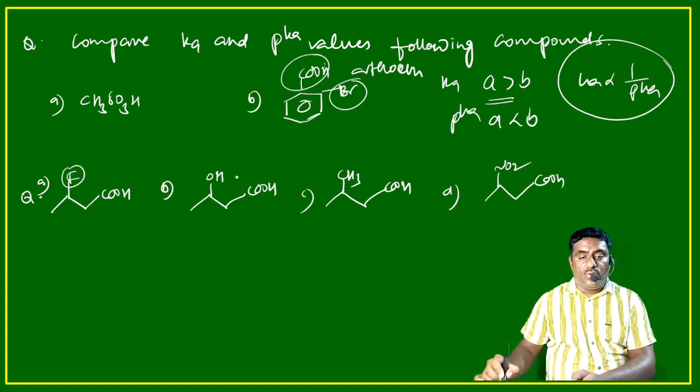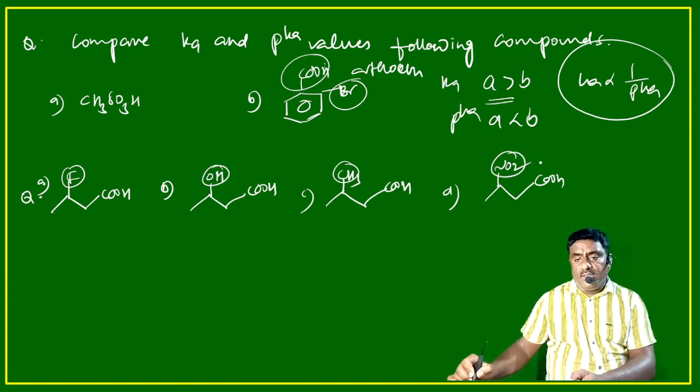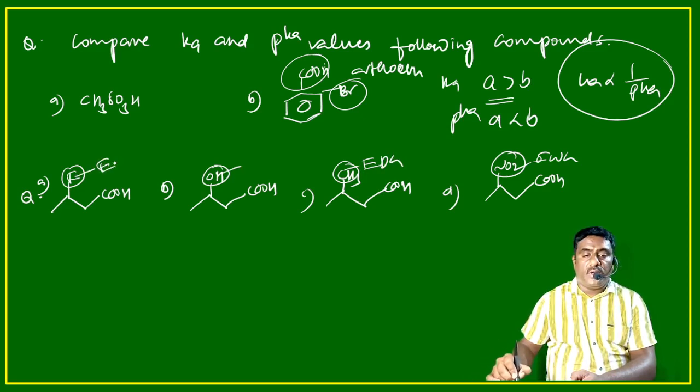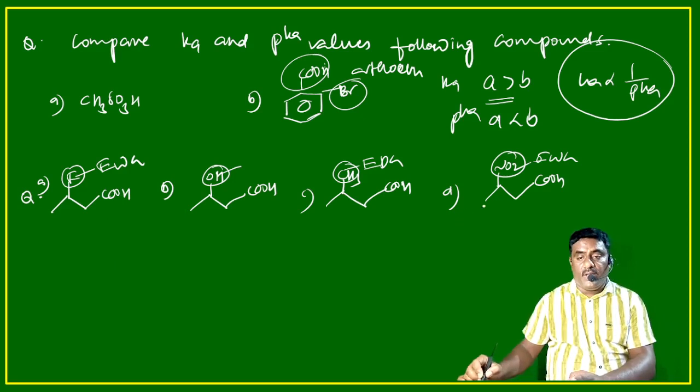Here we have a fluoro group, hydroxyl group, CH3 and NO2. NO2 is a strongly electron withdrawing group, so it is more acidic than the others.